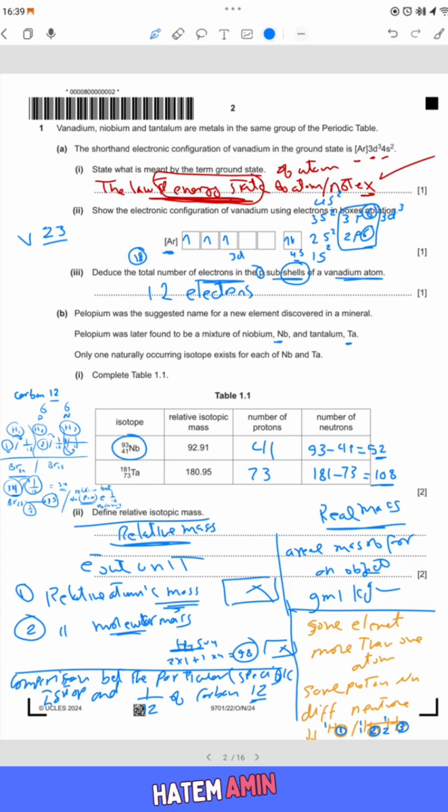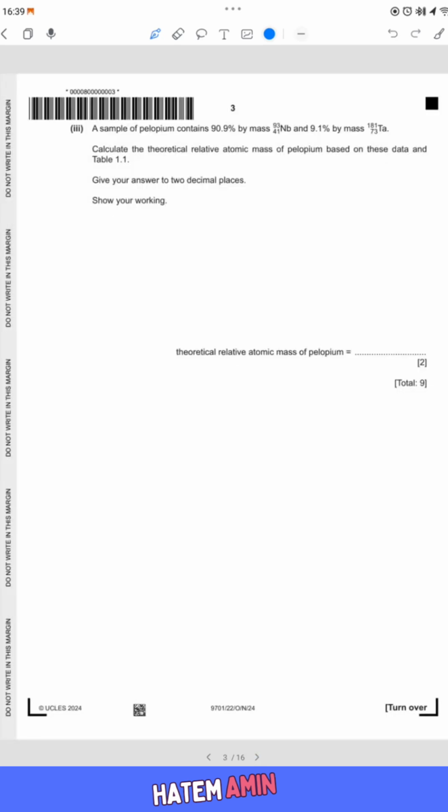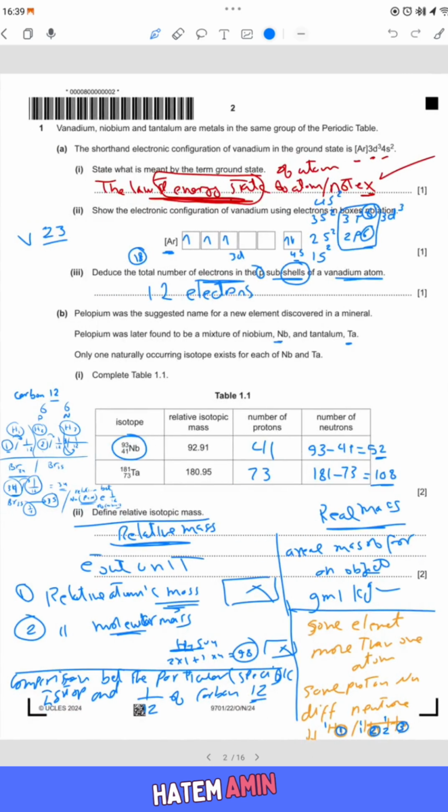Okay, next question is: a sample of palladium contains 90.9% by mass of niobium and 9.1% by mass of titanium. Calculate the theoretical relative atomic mass. This is the relative atomic mass which we have explained before.